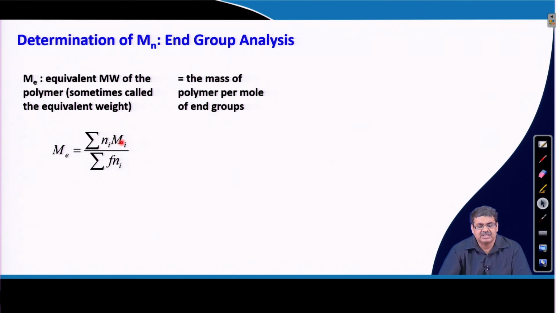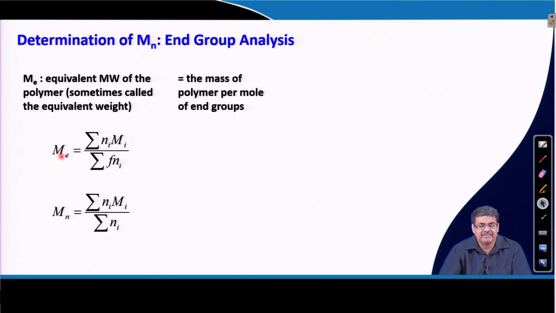So, this multiplication gives the total weight, and this gives us total number of N's. The Ni is the number of polymer chains and F is the number of moles per polymer chain. So, F multiplied by Ni will give us total number of N's.